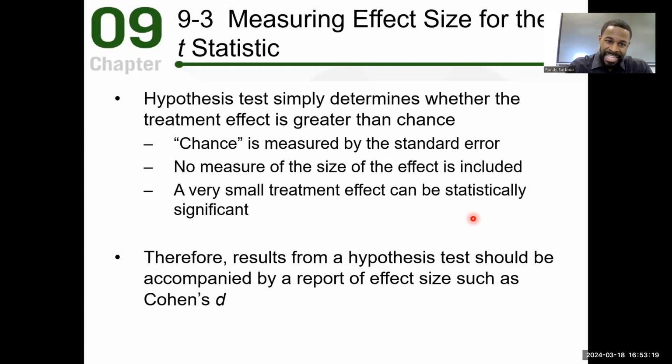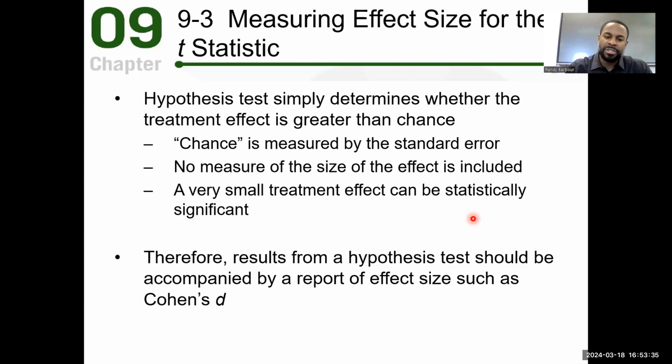Okay, so again, the chance is measured by standard error. Again, no measure of the size of the effect is included, and so a very small treatment effect can be statistically significant. So we want to take that out of the equation, specifically as it relates to sample size.